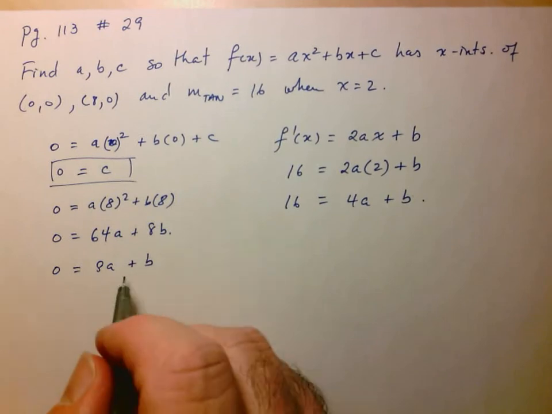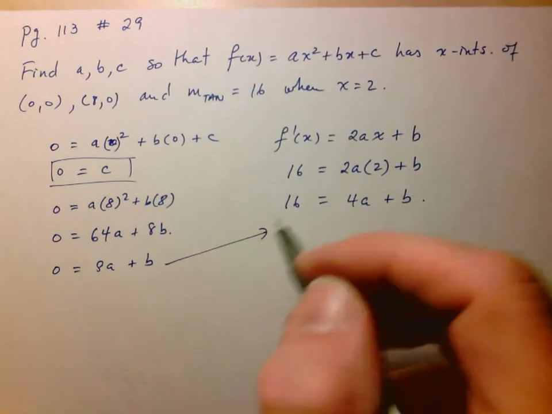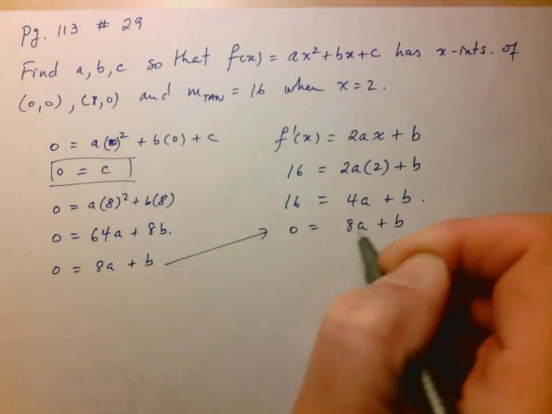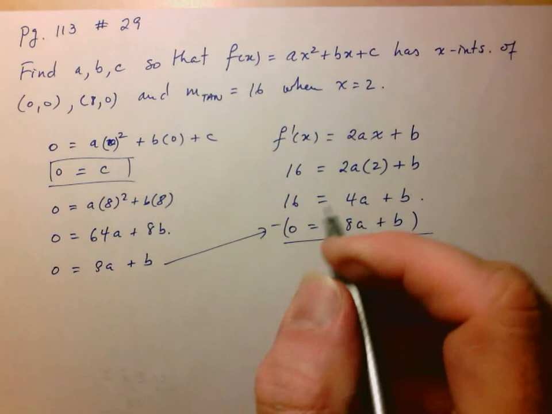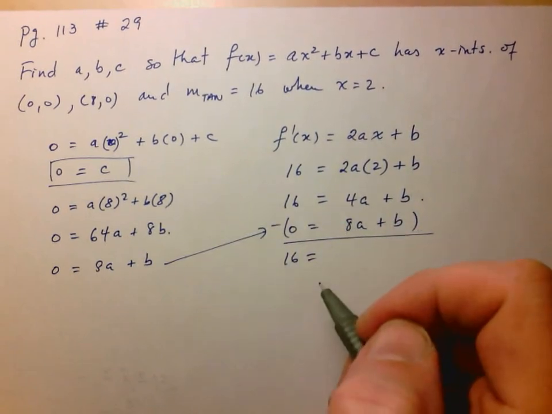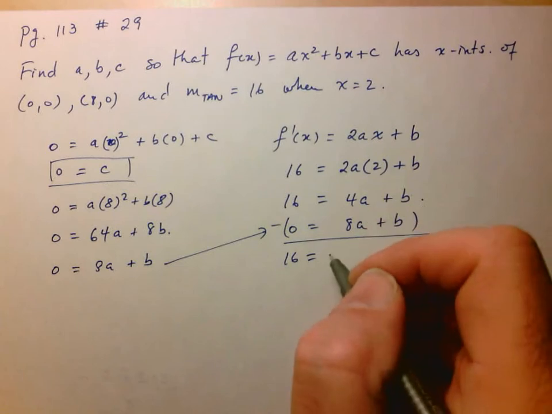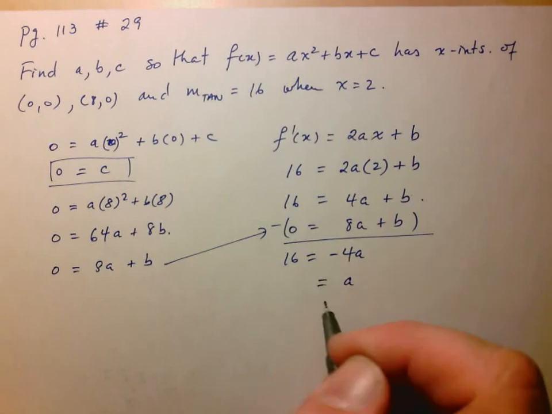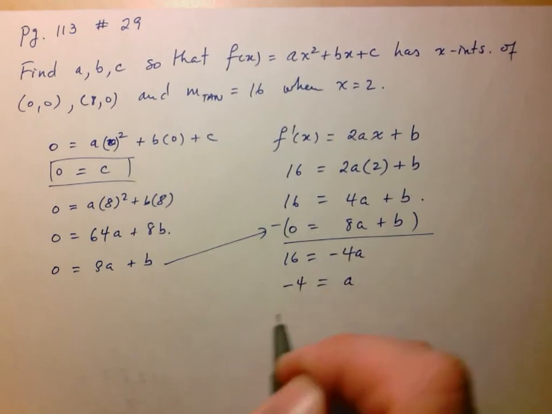Now I think I'll take this over here and solve by elimination. So 0 equals 8a plus b. Subtract these two equations, so I get 16 equals 4 minus 8, which is negative 4a, and the b's cancel out, so a is just equal to 16 over negative 4, which is negative 4.